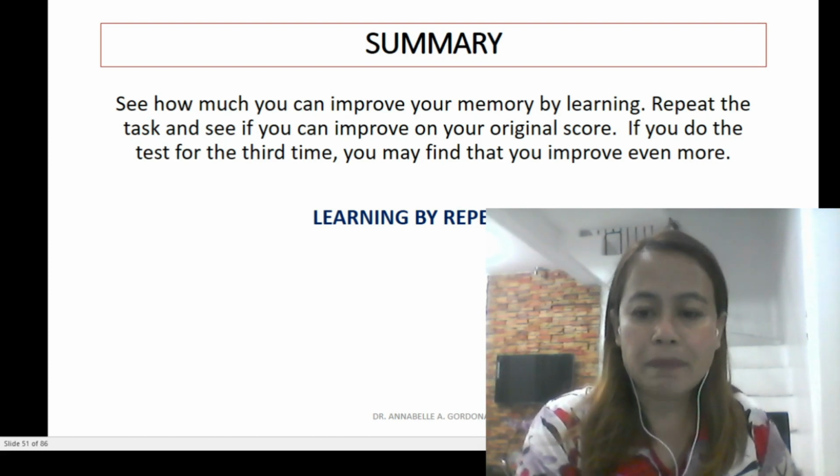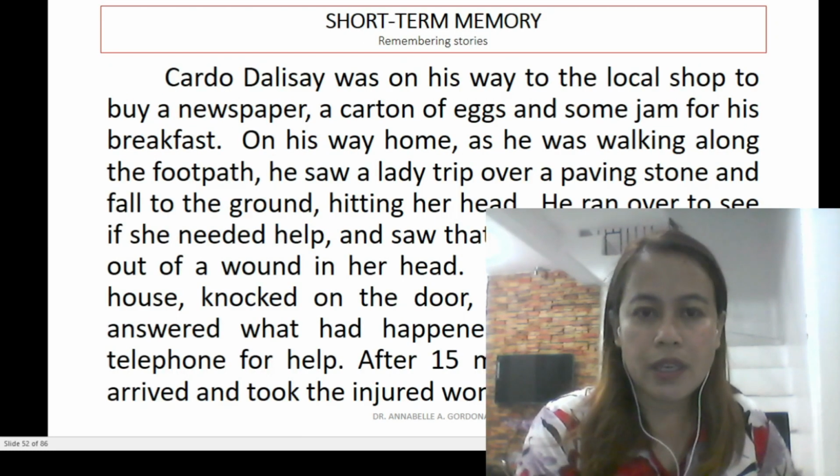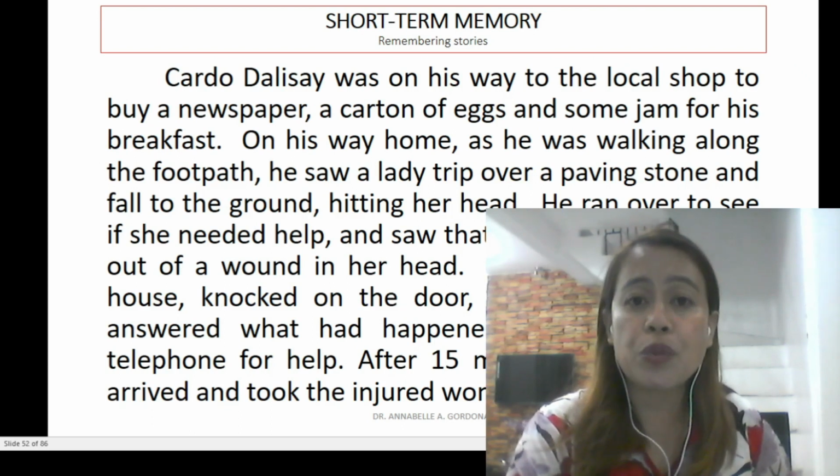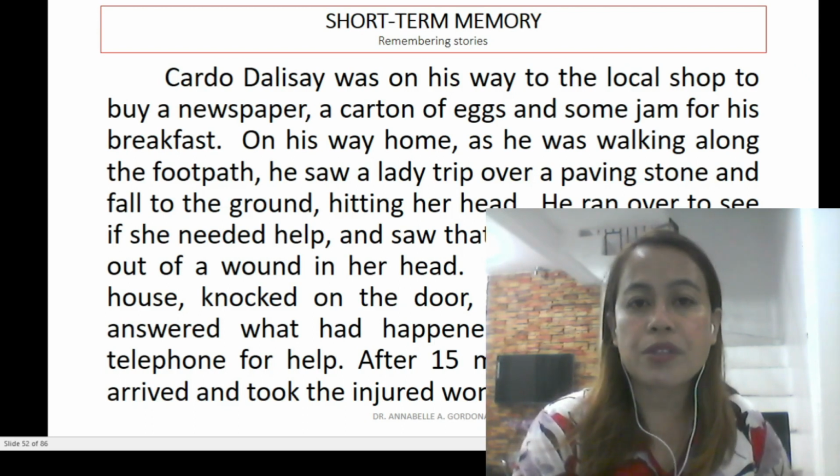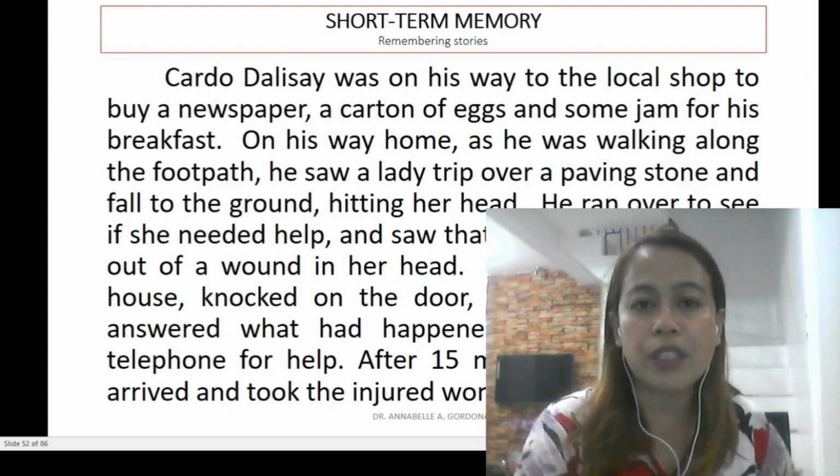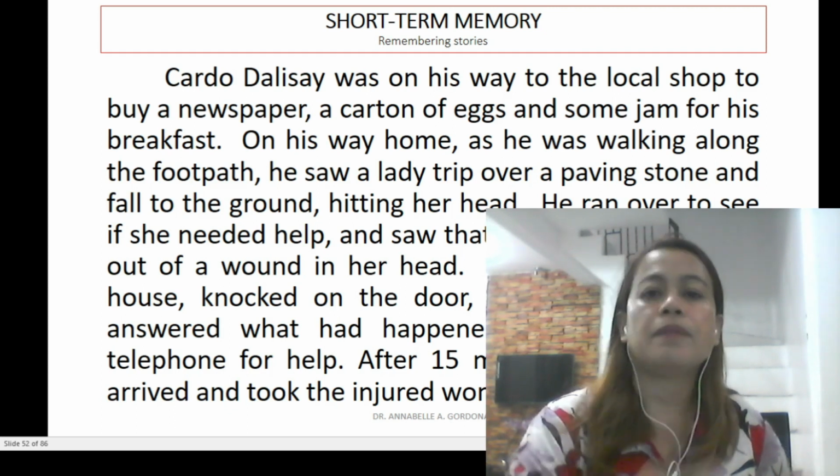The last game is short-term memory. I want you to read first in a count of 1 to 15, and then after that, you're going to do something, okay? So please read the story.